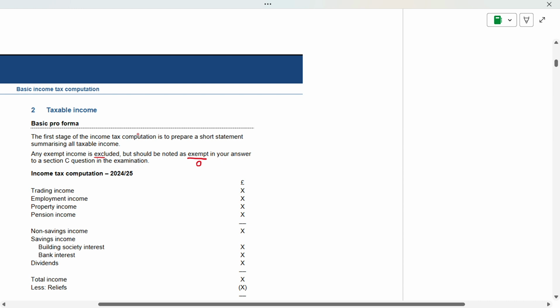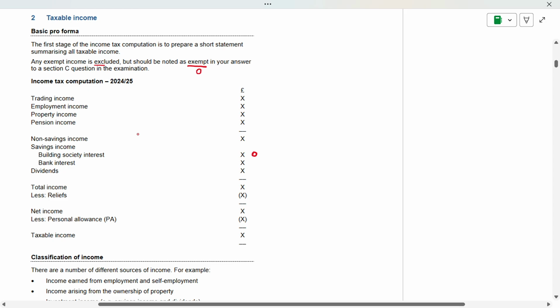If you have, say, building society interest, there are some reliefs and the answer is zero, you have to mention zero. For zero also there is a mark. Don't think that this is unique, or say that you can skip it. No, zero will also entitle you to a mark.